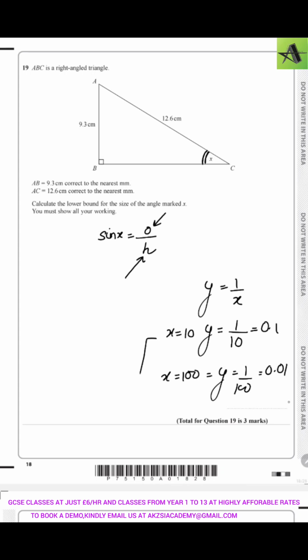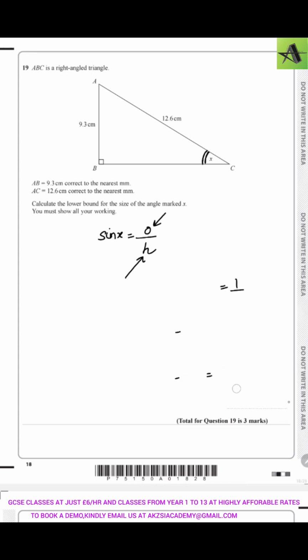So on increasing the value of x, the denominator, the value of y is decreasing. That means the whole value is decreasing. So if you are calculating the lower bound for angle, the numerator has to be smaller as it's directly proportional, but the denominator has to be bigger. It works in inverse relationship. So for sine of x, opposite has to be lower bound, and hypotenuse has to be upper bound.